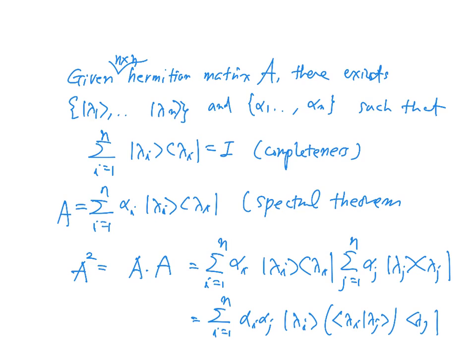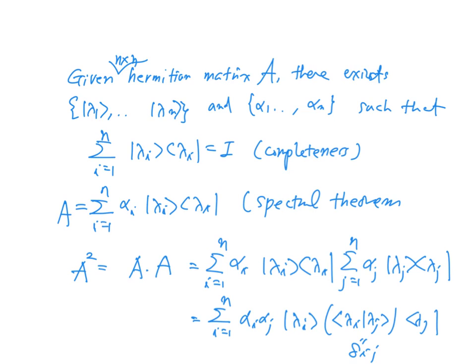We have seen that the product is associative before, so if you multiply them together, you can make a new product with this first. And we know that this is delta ij, right? Because it's an orthonormal basis.